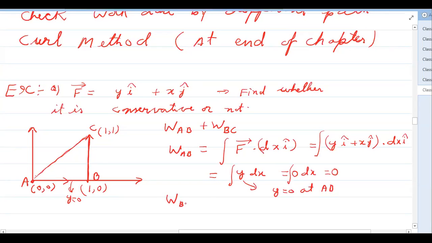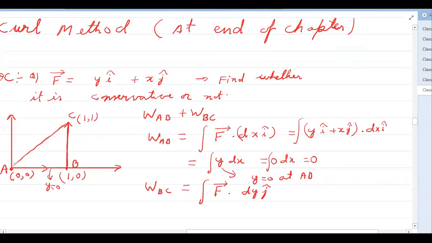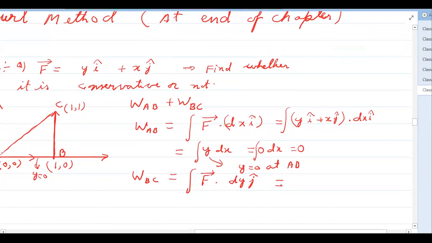Now we calculate for path BC. Again we write F dot, but this time the displacement is along the y direction, so dy j cap. F is y i cap plus x j cap, dot dy j cap. The i cap part will vanish, only the j cap part remains, so x dy.